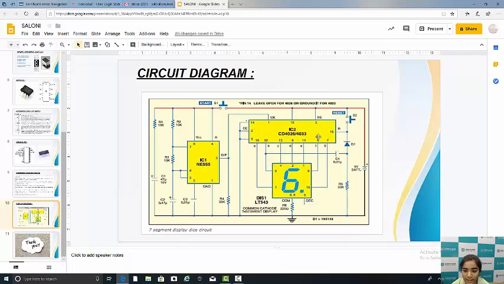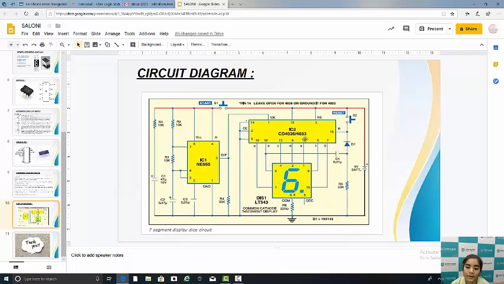Then we connect the 7th pin of the CD4033 with the 7 segment display, the 10th pin of the display. Then we connect the 6th pin with F of the 7 segment display. Then we connect the 7th pin with G of the 7 segment display.